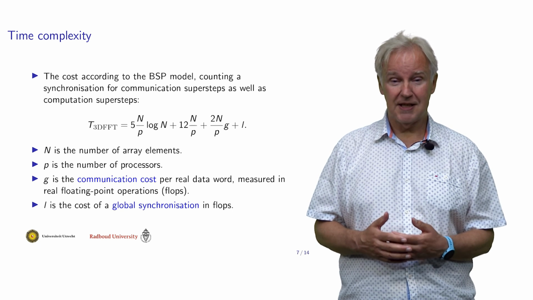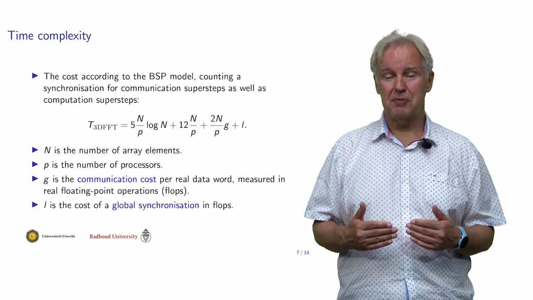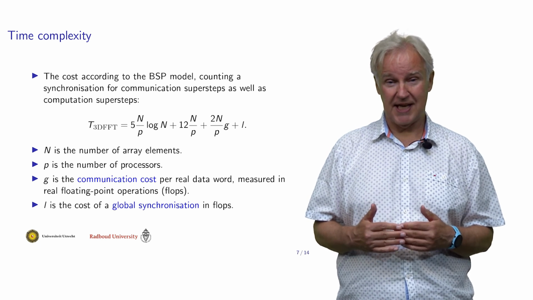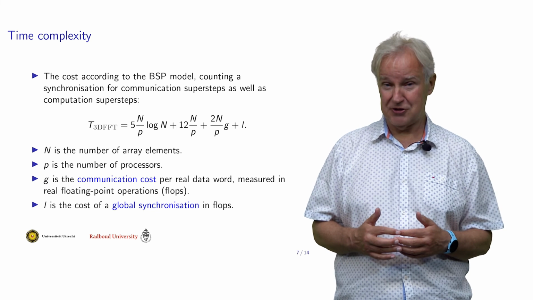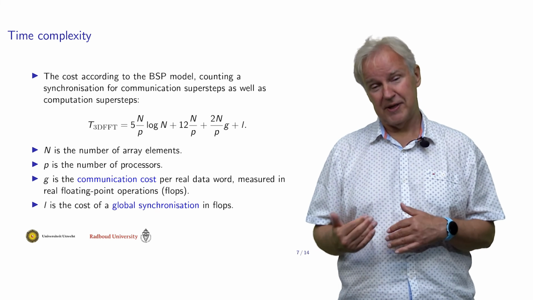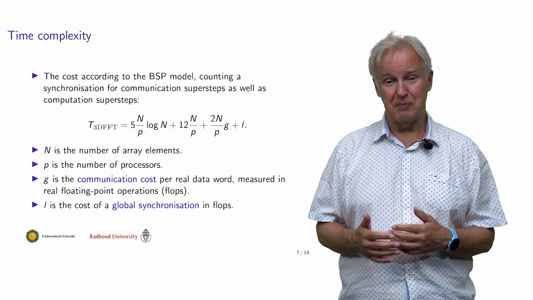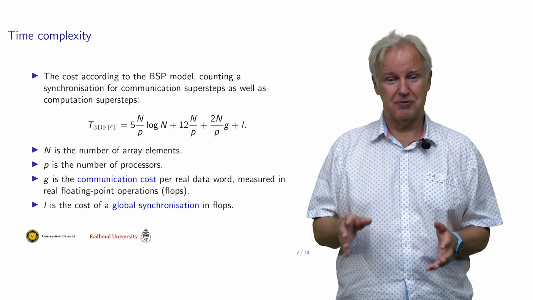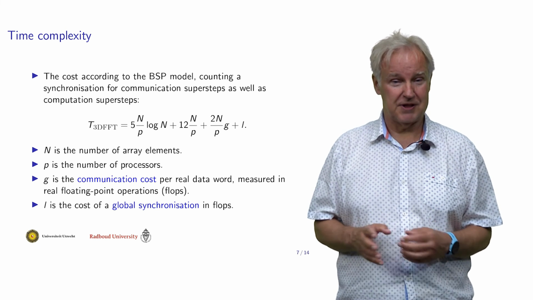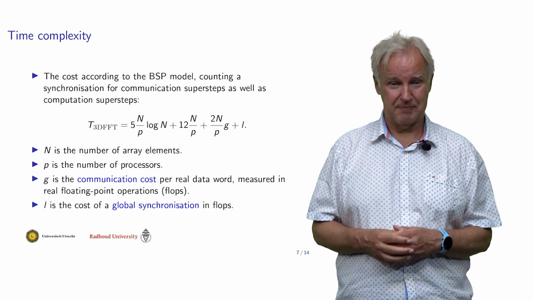Then finally, we have one communication superstep which is being ended by a synchronization, and this costs L. Now in my book, we also count an L for computation supersteps, but we don't do that here for this particular case.